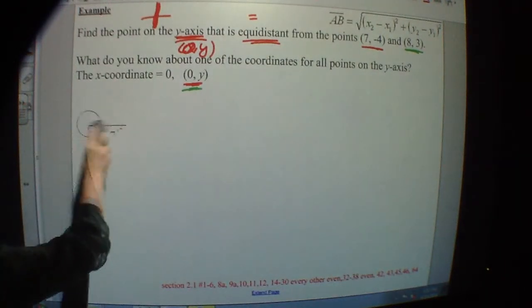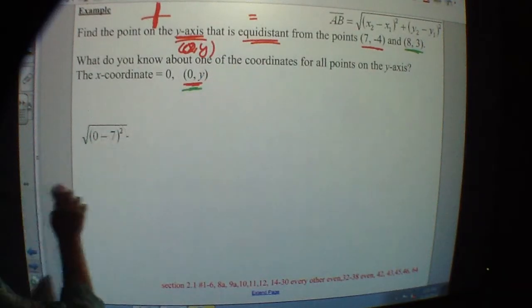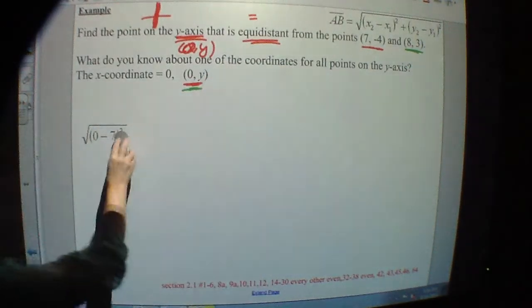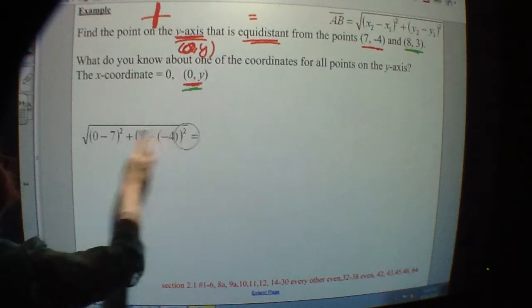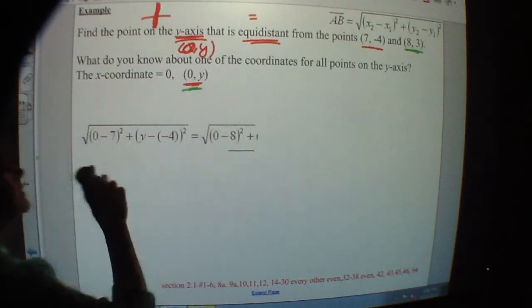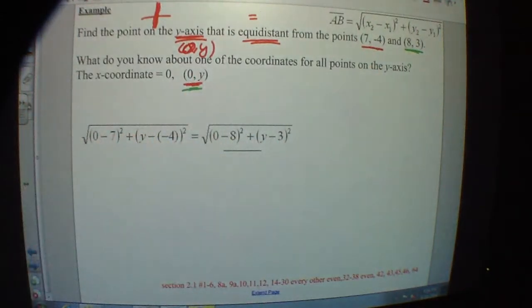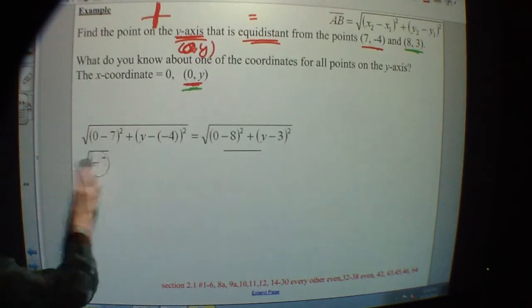So you take the square root, and I'm going to do 0 minus 7, quantity squared, y minus a negative 4, quantity squared. That is equal to 0 minus 8, quantity squared, y minus 3 quantity squared. And then solve the problem.